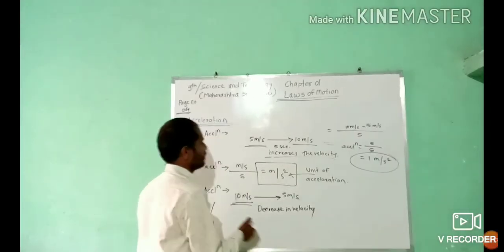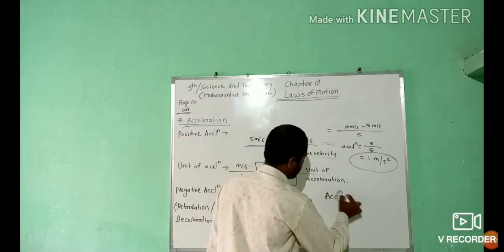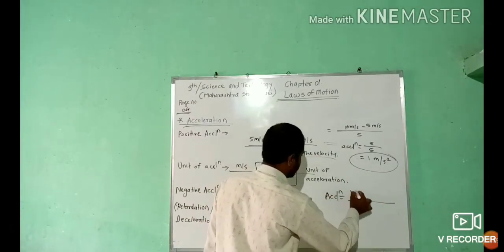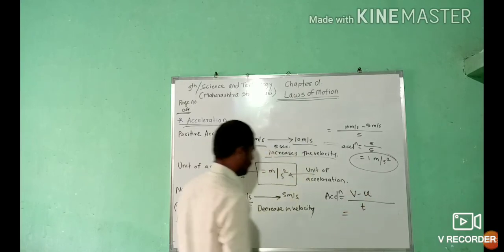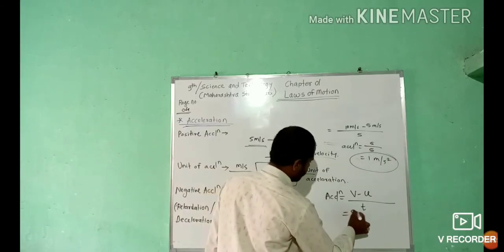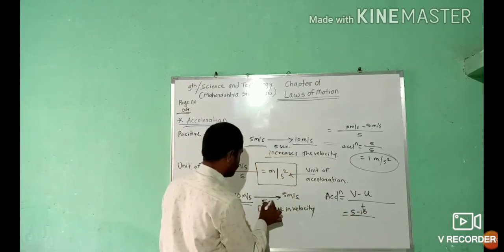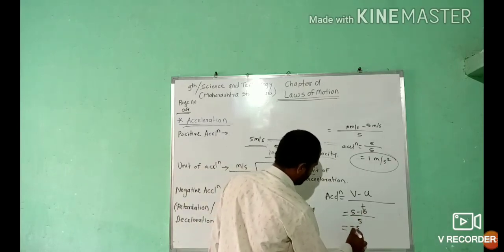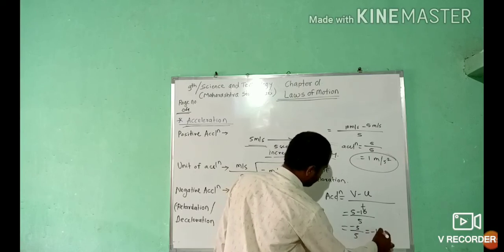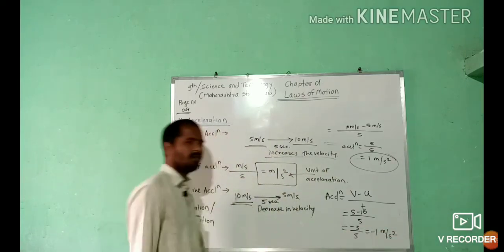What is the formula of acceleration? Acceleration is nothing but the final velocity minus initial velocity divided by time. So 5 minus 10 divided by time, suppose 5 seconds. You will get minus 5 by 5, so minus 1 meter per second square. So you will get a negative value there.